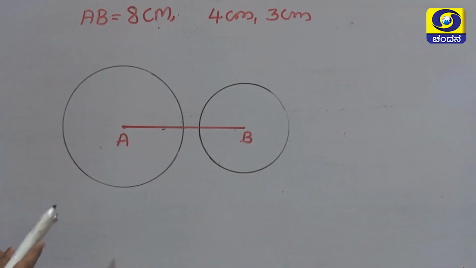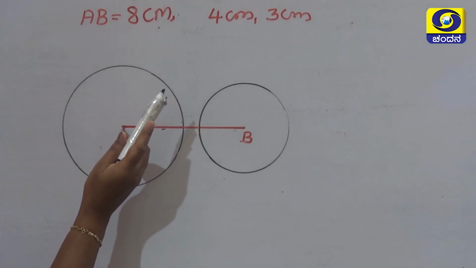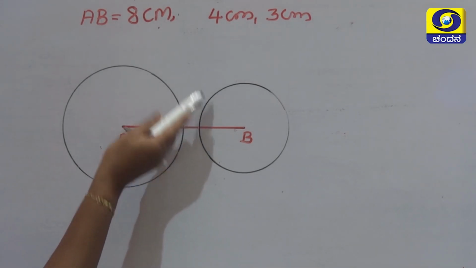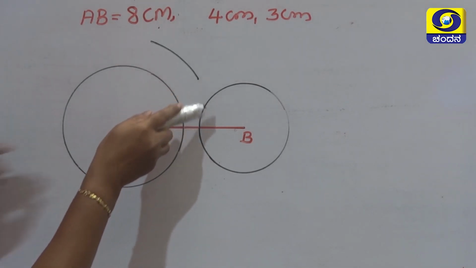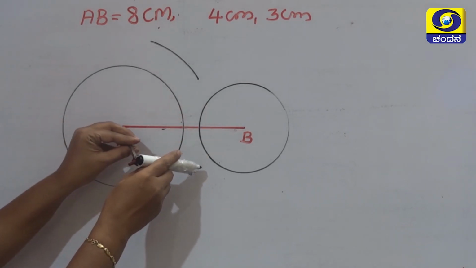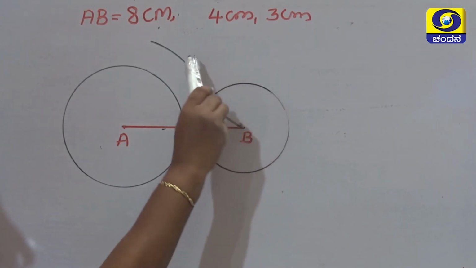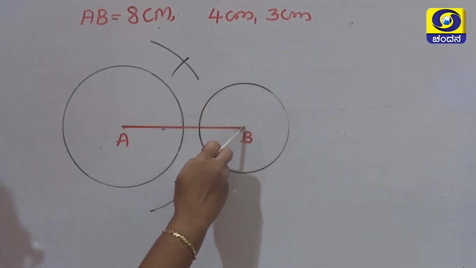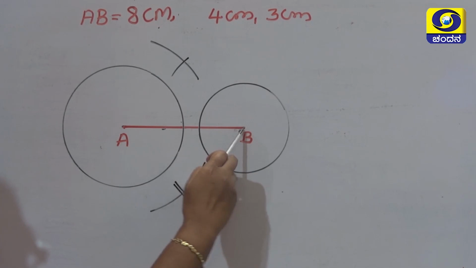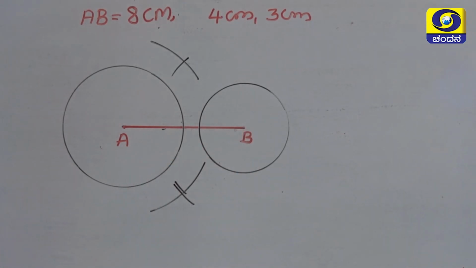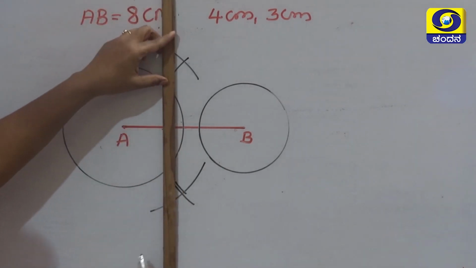To find the midpoint, we have to take 3/4 of this distance AB and mark the arcs on the upper and lower side of the line segment. Now we have to join these points of intersection of arcs to get the midpoint.